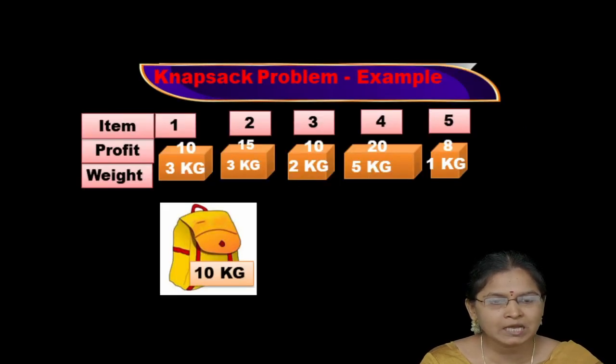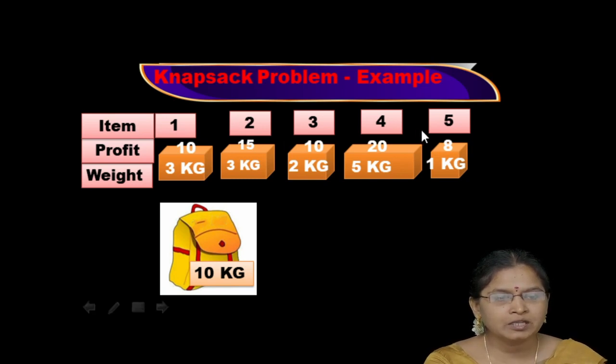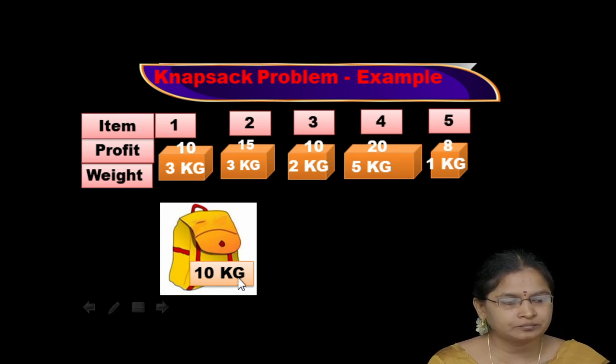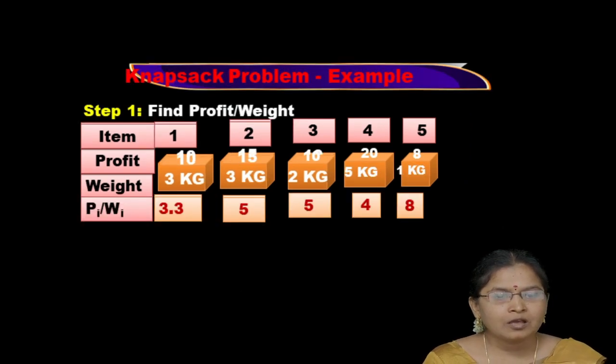So, this is an example for the knapsack problem. We have 5 items. The corresponding profits of these items are 10, 15, 10, 20, 8. And the weights corresponding to these items are 3, 3, 2, 5 and 1 kg. And the knapsack capacity is 10 kg. First step, we have to find the profit divided by weight value.